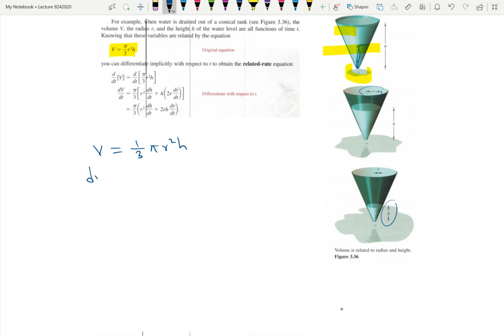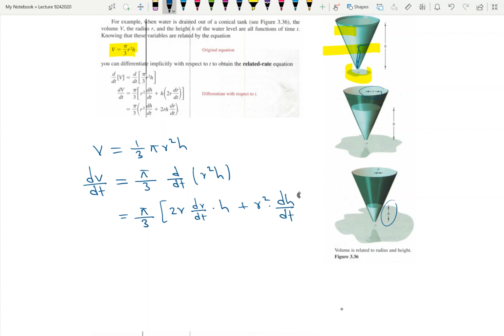So if we take the derivative dV over dt, then it would be d over dt of r square h. So pi over 3, use the product rule, so 2r times dr over dt times h plus r square times dh over dt.